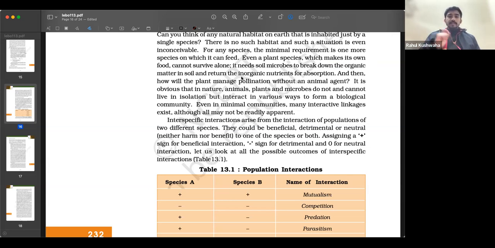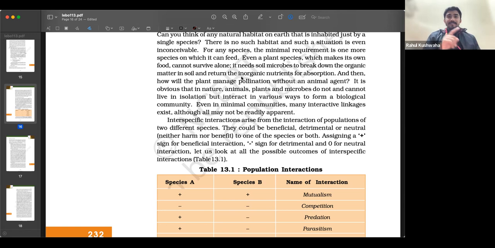So again, in that interaction between a mosquito and human, who is at advantage? The mosquito. And what are humans at? Are we at a disadvantage or are we neutral? Disadvantage, sir. Yes, we were supposed to be neutral, but it can cause some disease. Yes, because there is one more interaction happening between the mosquito and a pathogen.